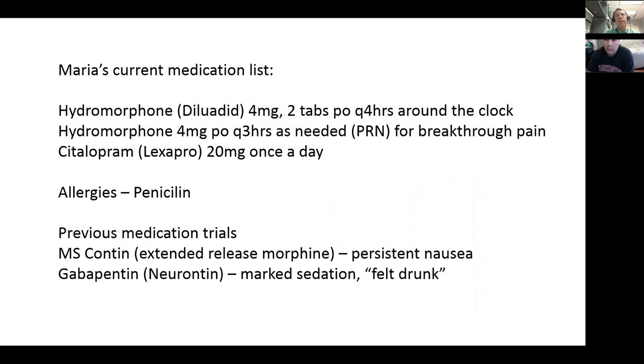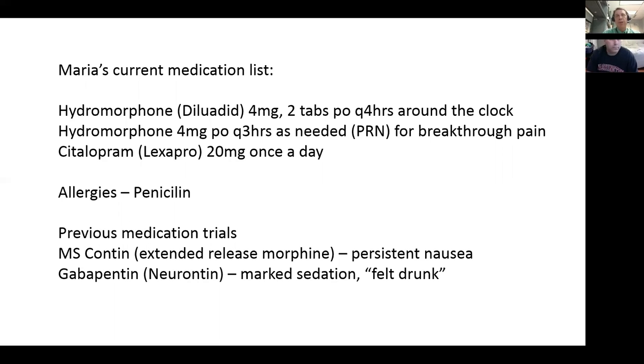This is her current medication list: hydromorphone, 8 milligrams every 4 hours around the clock by mouth. She takes an additional 4 milligrams every 3 hours as needed for breakthrough pain, averaging somewhere between 4 to 5 doses per day. She's also on citalopram, 20 milligrams once a day. Her only allergy is to penicillin. She's had previous intolerances to both MS-Contin and gabapentin.